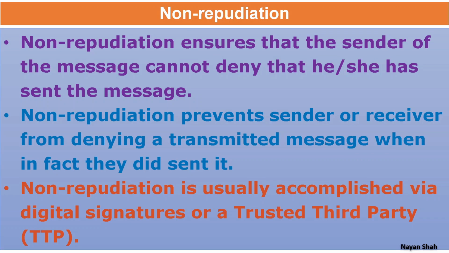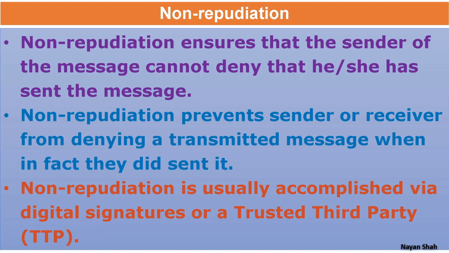Non-repudiation. The word is new, but it is very simple. Non-repudiation ensures that the sender of the message cannot deny that he or she has sent the message, and the receiver also, vice versa. The best example is the WhatsApp tick mark.